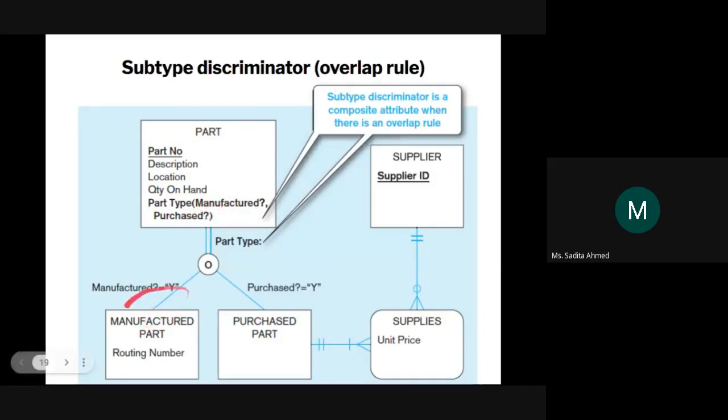Here manufactured, because the subtype name is also manufactured, purchased because the subtype entity name is purchased, so it should make sense. And whatever name you have used here, regardless of the question mark, you simply put that name here with or without the question mark. If the question mark is in the name it will be here, if not then it won't be, and equals y/n will be there, okay?